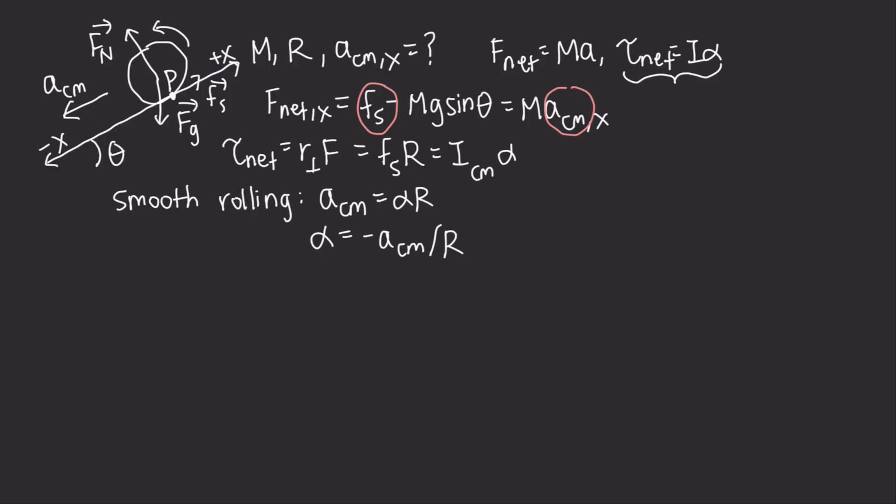So let's first apply the torque here. T net equals the force of friction times r, and this equals the I center of mass times the angular acceleration, which we have related to the linear acceleration like so.